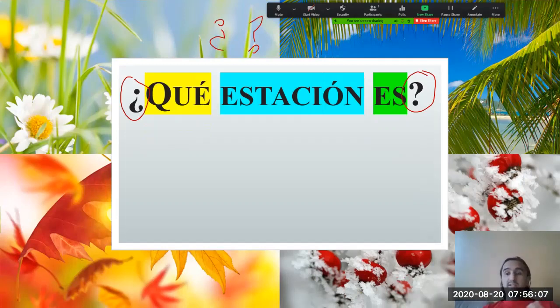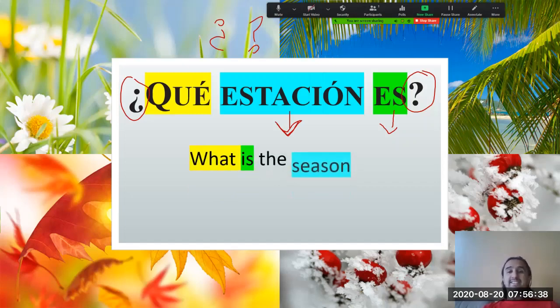I don't really know what it's asking me, but I just learned this word means season. And from the past, when I learned what day is it, I learned that es means is, so I could just start making an inference. Season is. Maybe what I'm asking is, what season is? What is the season?